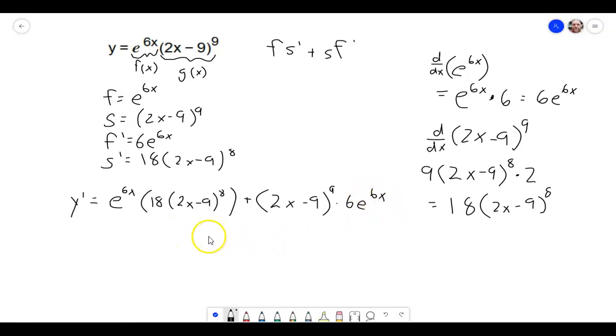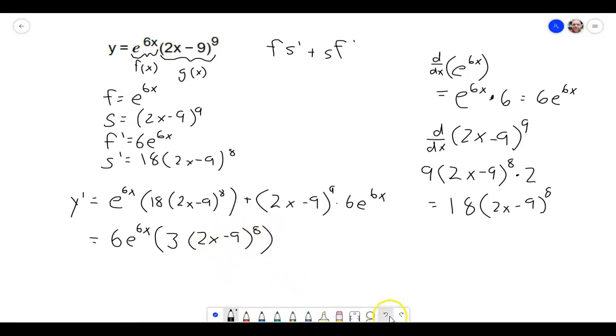And then it is just a matter of cleaning this up a little bit, pulling out some stuff. I have an 18, a 6, so I can pull out a 6, and I also have an e to the 6x. So if I pull out a 6 e to the 6x, then with this first term here, I am just left with 2x minus 9 raised to the 8th.